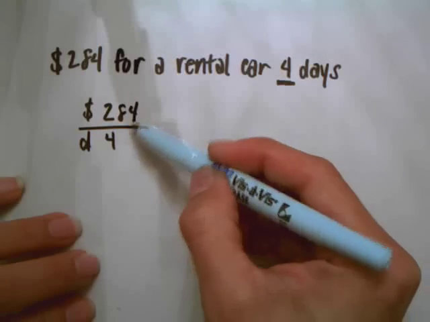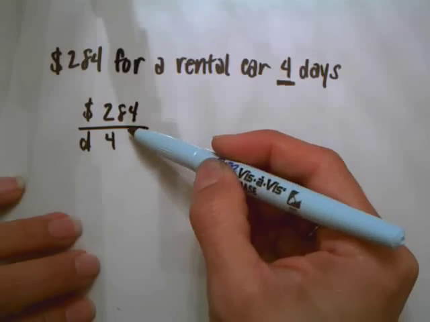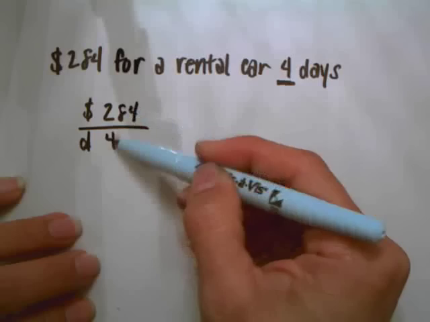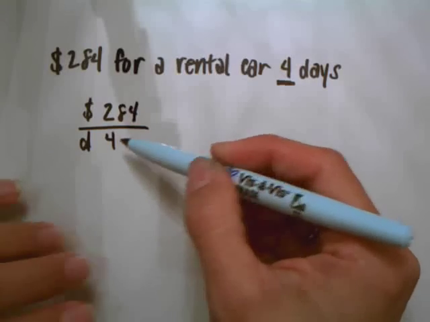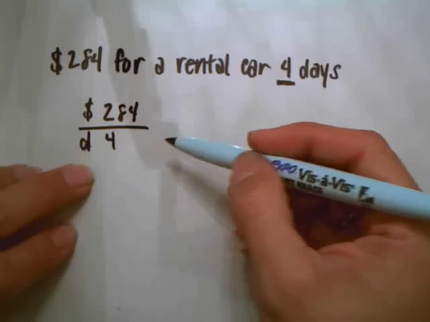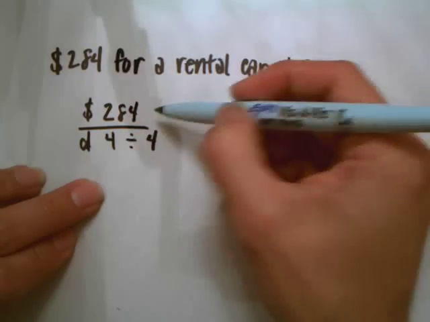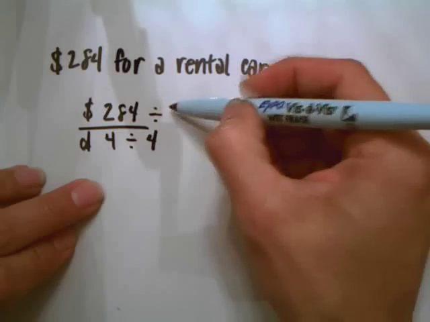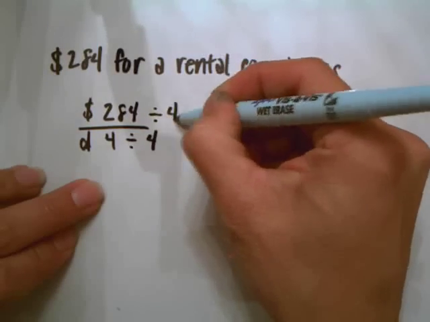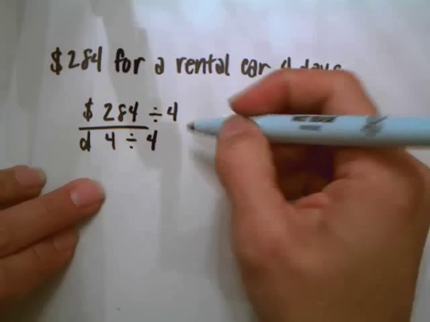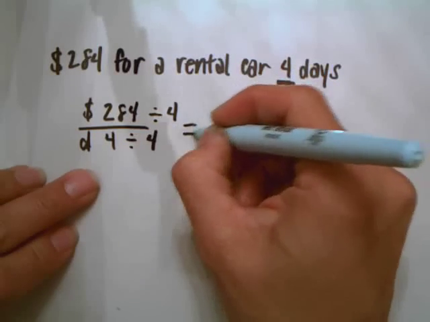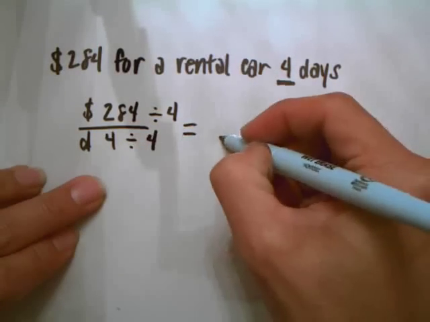Oh, whoa, hold on, look at this. I can get this down pretty easily because we can reduce this down to 1. How do I reduce down to 1? I'm going to divide by 4 up here, and I'm going to divide by 4 up here. 4 divided by 4 is 1 day.